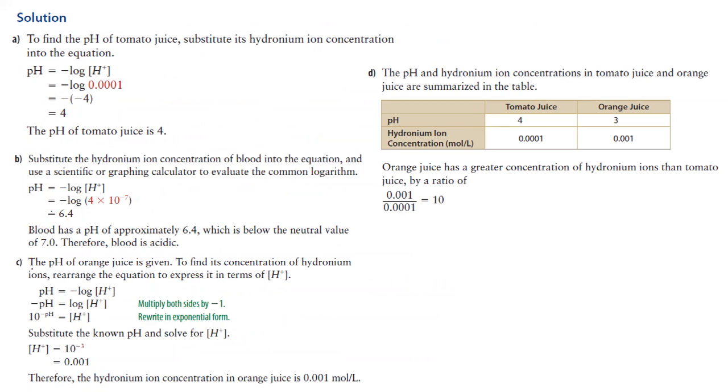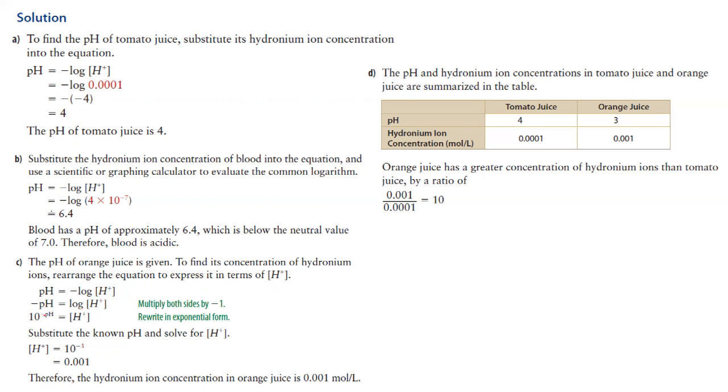Question C, the pH of orange juice is given. To find its concentration of hydronium ions, rearrange the equation to express it in terms of the concentration of hydronium ions. pH is minus log H plus, which means minus pH is log H plus, right?